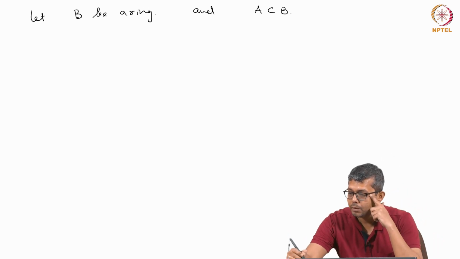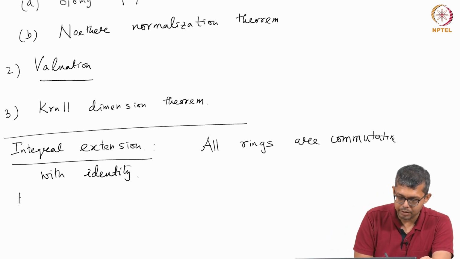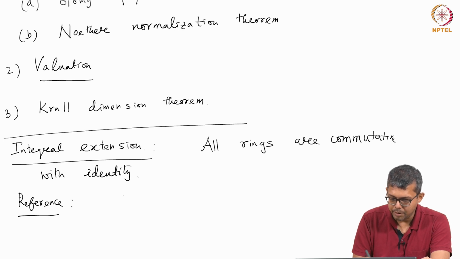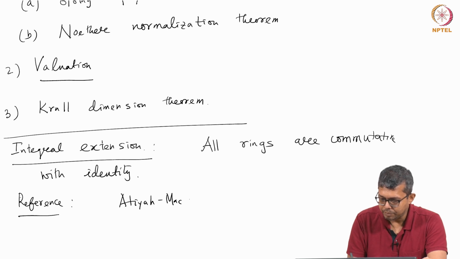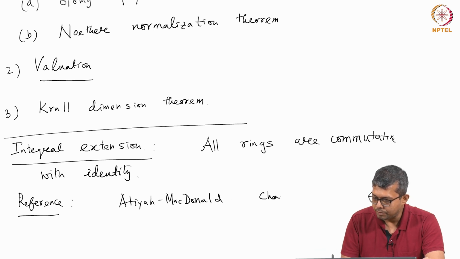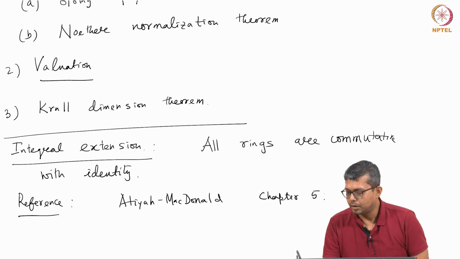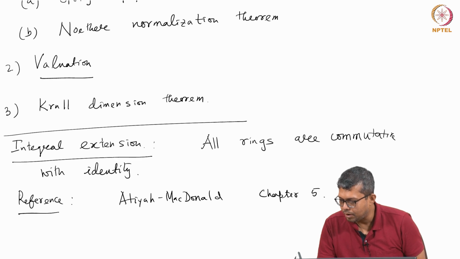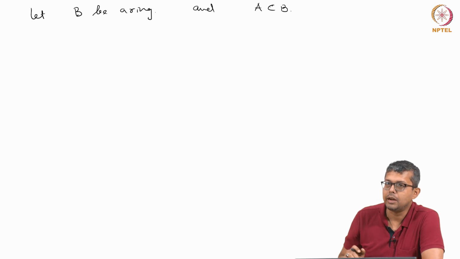Before that I should say, whatever I say today, you can find in the reference for today's class: you can look at Atiyah-Macdonald, chapter 5. Everything is there. So if I miss some point, probably you can look at the book. Okay, so let B be a ring and A a subring of B.